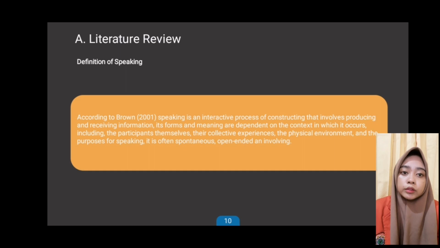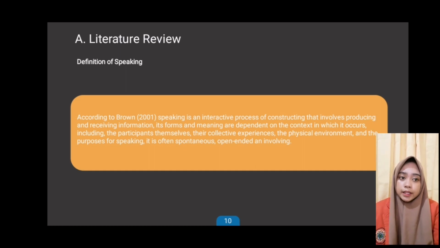According to Brown, 2001, speaking is an interactive process of constructing meaning that involves producing and receiving information. Its forms and meaning are dependent on the context in which it occurs, including the participants themselves, the collective experience, the physical environment, and the purpose for speaking.